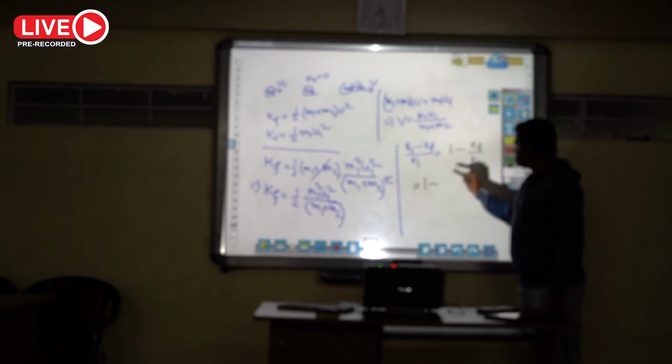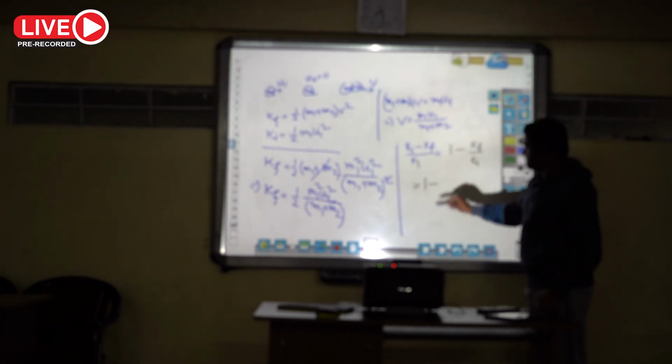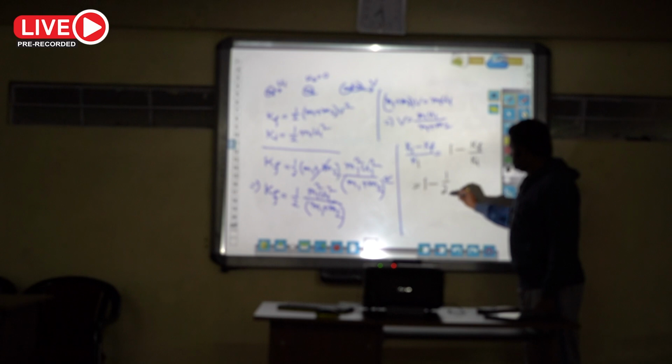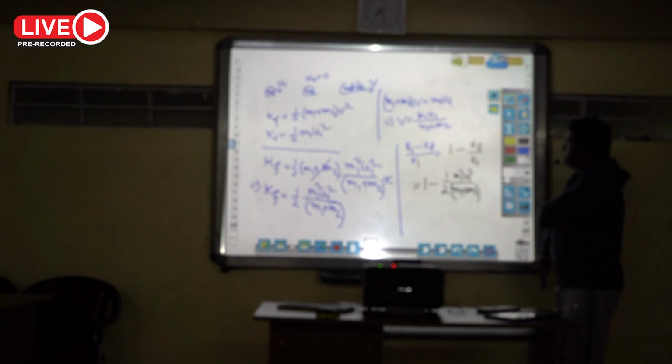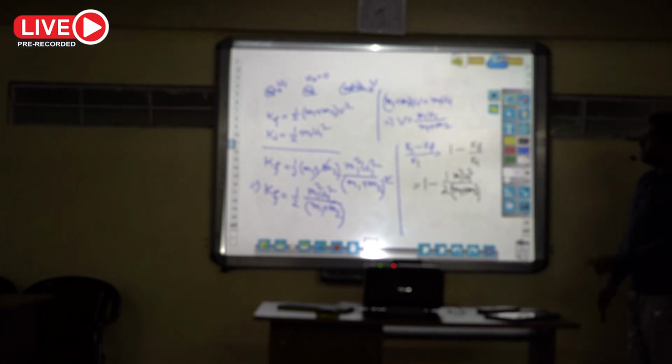So 1 minus Kf. Kf is half, it is m1 square u1 square by m1 plus m2, now divided by Ki. Now what is Ki? Half m1 u1 square.